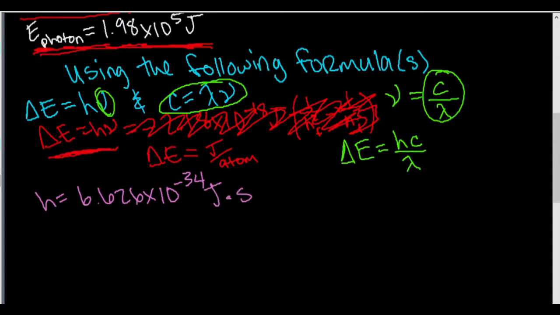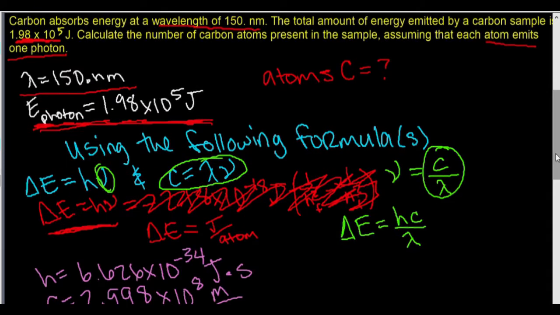And c is the speed of light. So you can use the 3.00 if you really want, but on her paper it says 2.998 times 10 to the 8th meters per second. Okay. And then we know that our wavelength is, let me change colors, our wavelength is 150 nanometers.